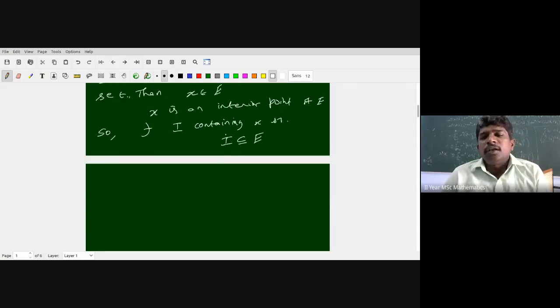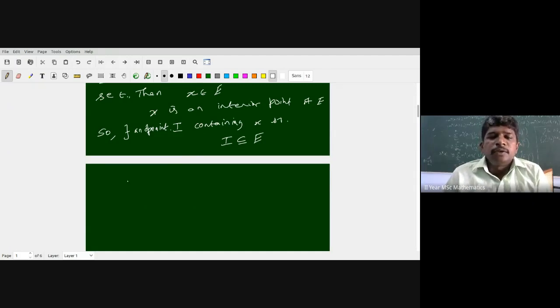We take this open interval, right? There exists an open interval I containing x such that I is contained in E. This open interval has element x, so it must be of positive measure, right?